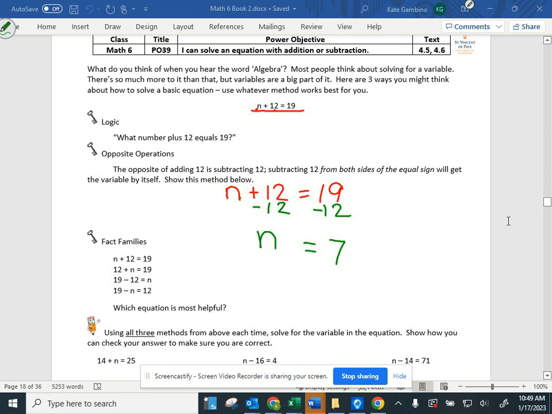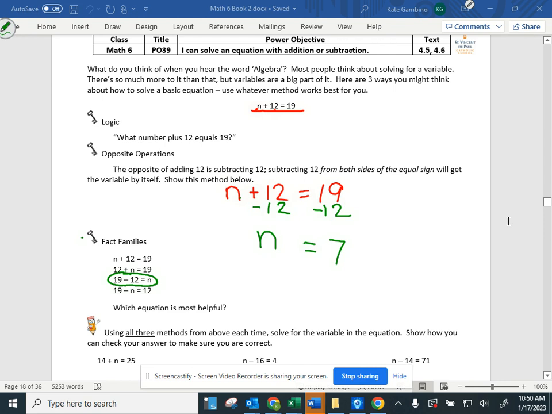So the other way of doing it is knowing your fact families. N plus 12 equals 19 is the same as 12 plus n equals 19. Or doing the opposite with our subtracting. 19 minus 12 equals n. 19 minus n equals 12. If we look at our fact families, that 19 minus 12 equals n, when n is by itself, that's telling us which one is the most helpful, because we want n alone.